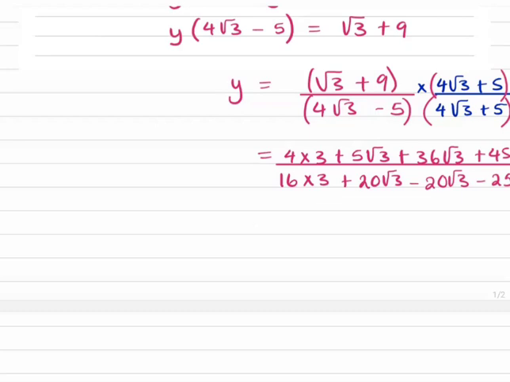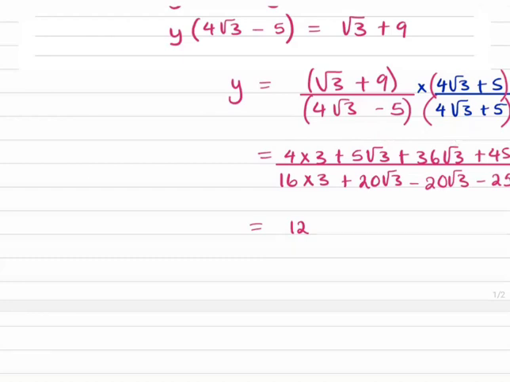From here, we are going to simplify. So in the numerator, I have a 12. And my two middle terms right here are like terms, so I can collect them together, because the third parts are the same. I have a root 3 and I have a root 3. So we would say these are like surds.